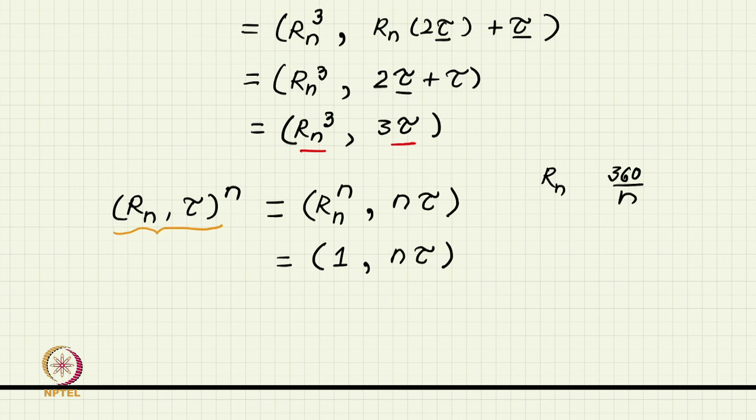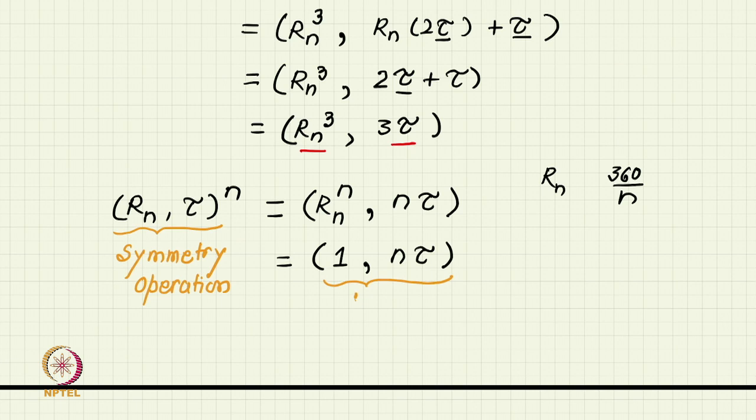Now, let us assume that R n tau was a symmetry operation. If R n tau was a symmetry operation, then applying it n times is also a symmetry operation. So, if the screw operation was a symmetry operation, then this left hand side is a symmetry operation, which means this is also a symmetry operation, but this is a translation.